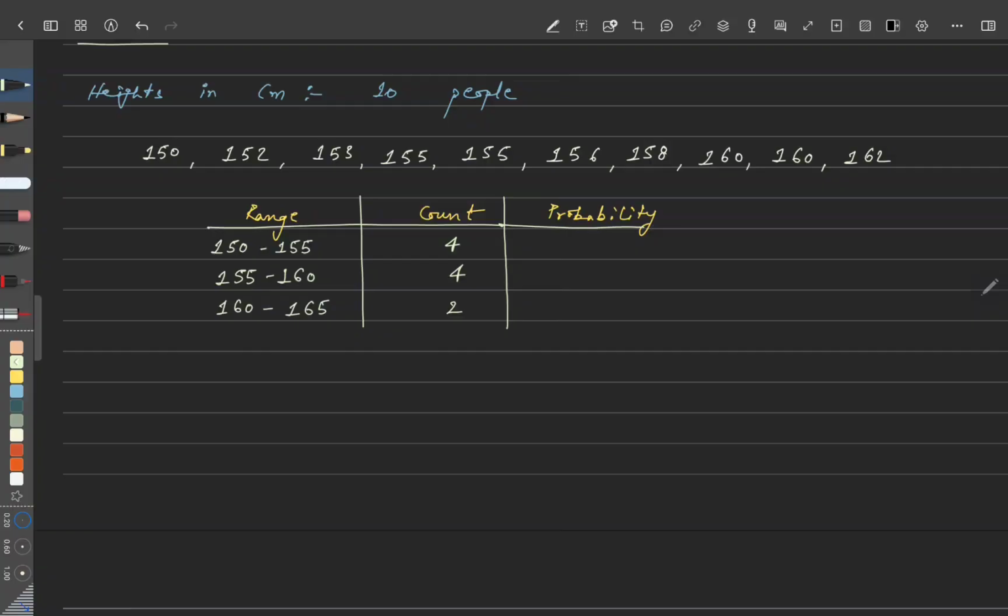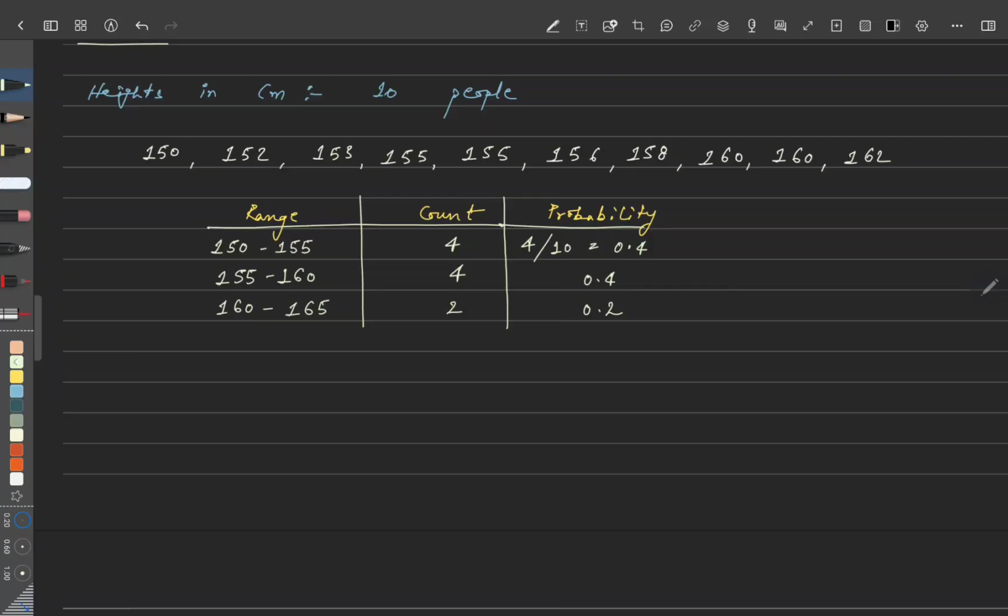To find the probability, we do a simple calculation: how many counts do we have for heights between 150 and 155, which is 4. The total heights that we measured is 10. So the probability that a height falls between 150 and 155 is 4 by 10, which gives you 0.4. Similarly, this would be 0.4, and this would be 0.2.